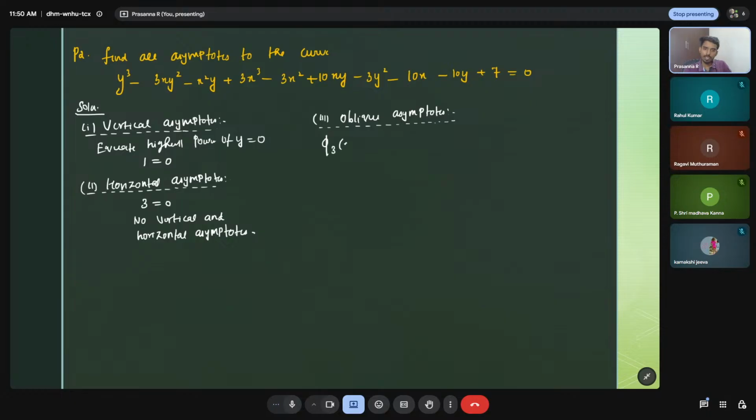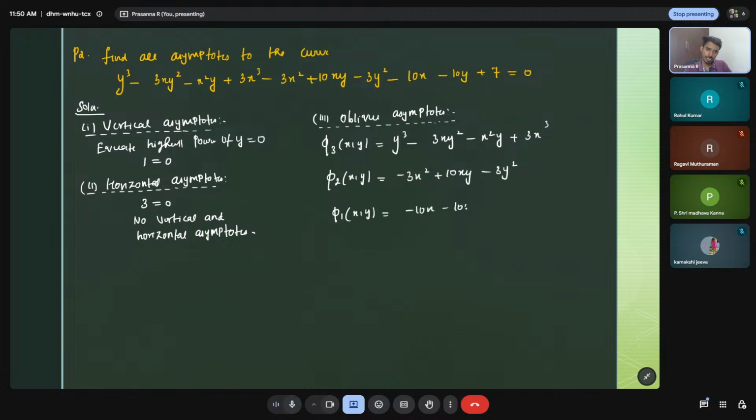So we will form P3 of x comma y, the degree 3 terms: y cube minus 3xy square minus x square y plus 3x cube. Then we form the degree 2 terms P2 of x comma y: minus 3x square plus 10xy minus 3y square. Then the degree 1 term P1 of x comma y: minus 10x minus 10y, and then the constant term, which is 7.